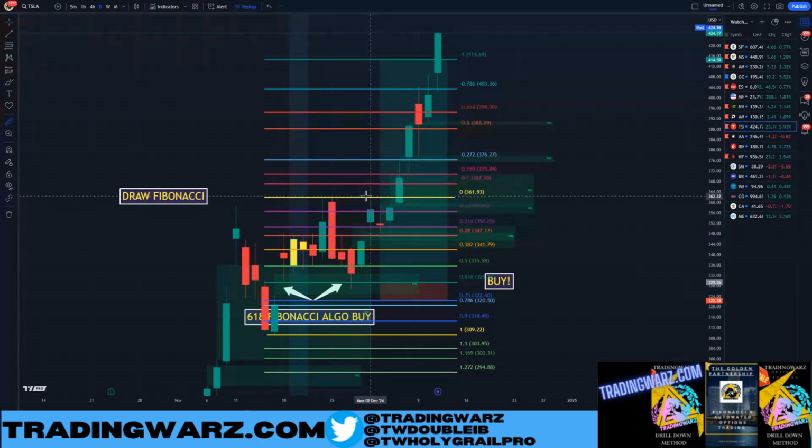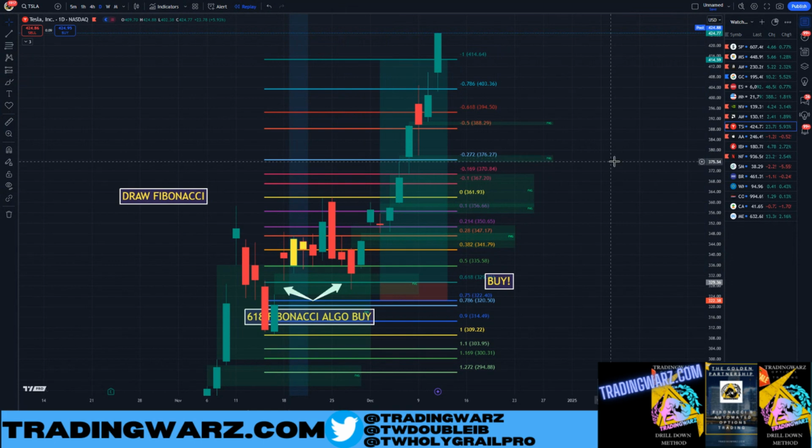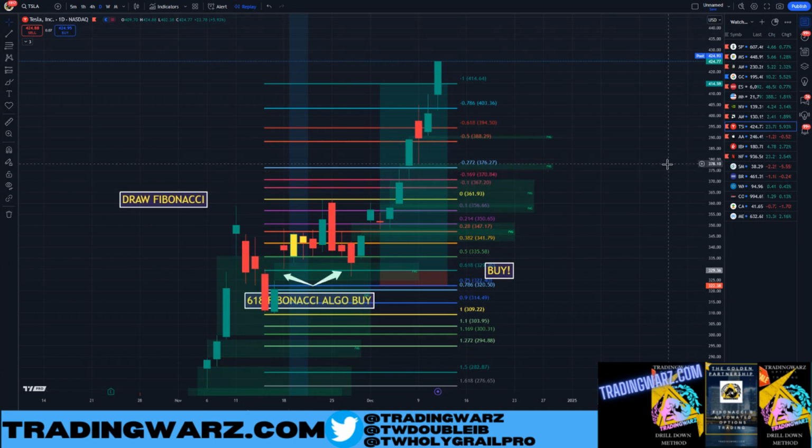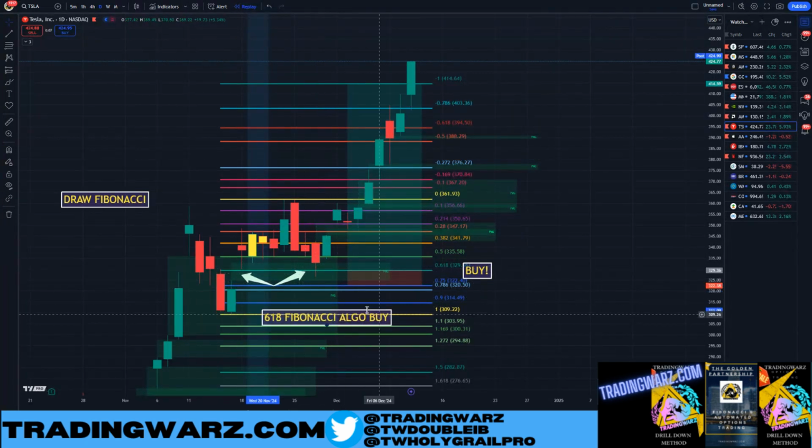And now from the new high, we have another roughly 14.3, 14.4%. Honestly speaking, I never thought we would get here so quickly, but I knew there was a lot of potential with Tesla, especially since I saw the reaction on the fib. If we look at this fib, as soon as we touched it, there was very little heat on the fib. We turned around, held it, and started to push.